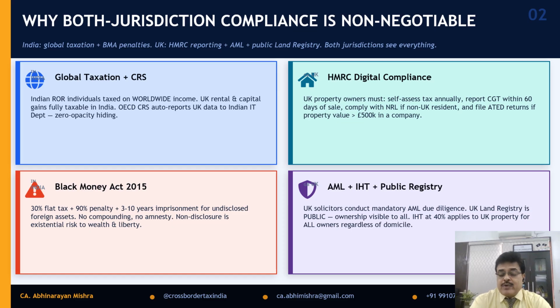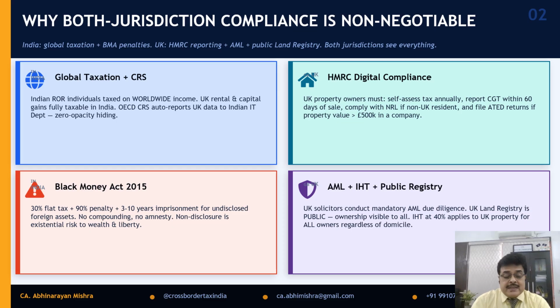And if you own UK property through an overseas company, you must register with the Overseas Entities register at Companies House. Failure means up to 5 years imprisonment and an unlimited fine. Finally, the UK Land Registry is public, so your ownership is instantly visible to HMRC, NCA, and the Indian Tax Department.